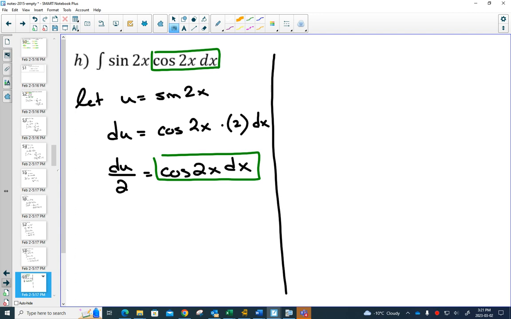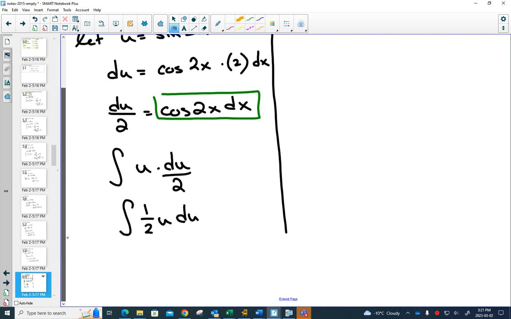Substituting back in gives us the integral. Instead of sine 2x, I write u. And instead of cos 2x dx, I write du over 2, which is the same as that I could have that 1/2 there, or I could even bring that 1/2 out in front. How do we integrate u to the 1?